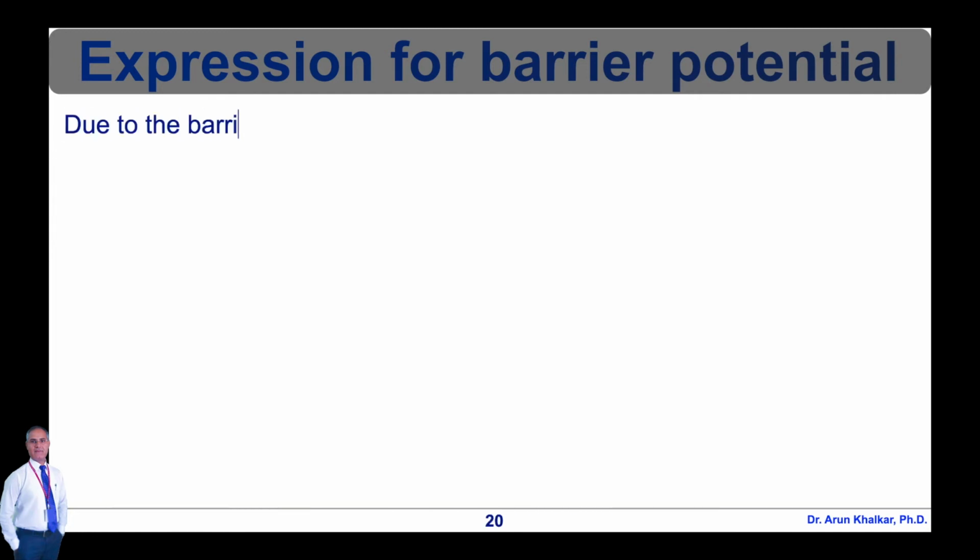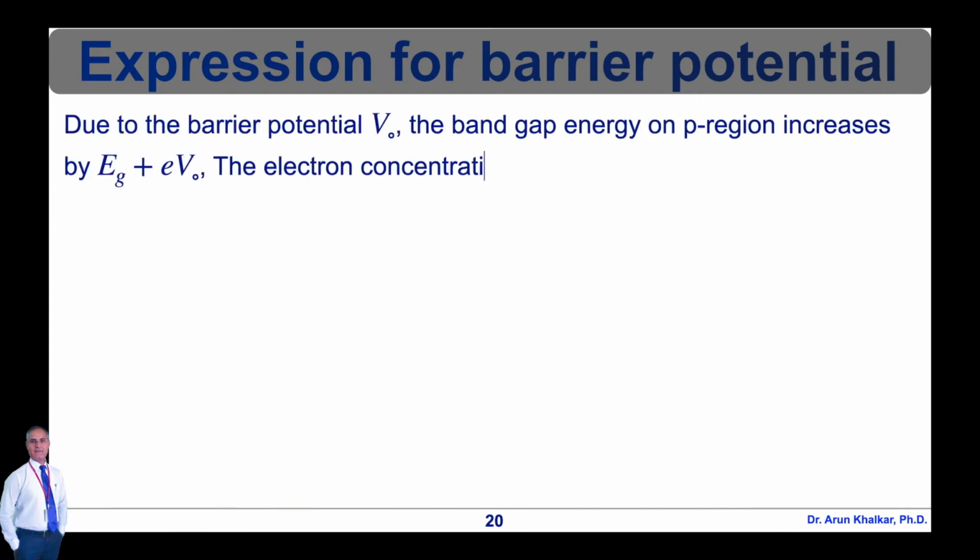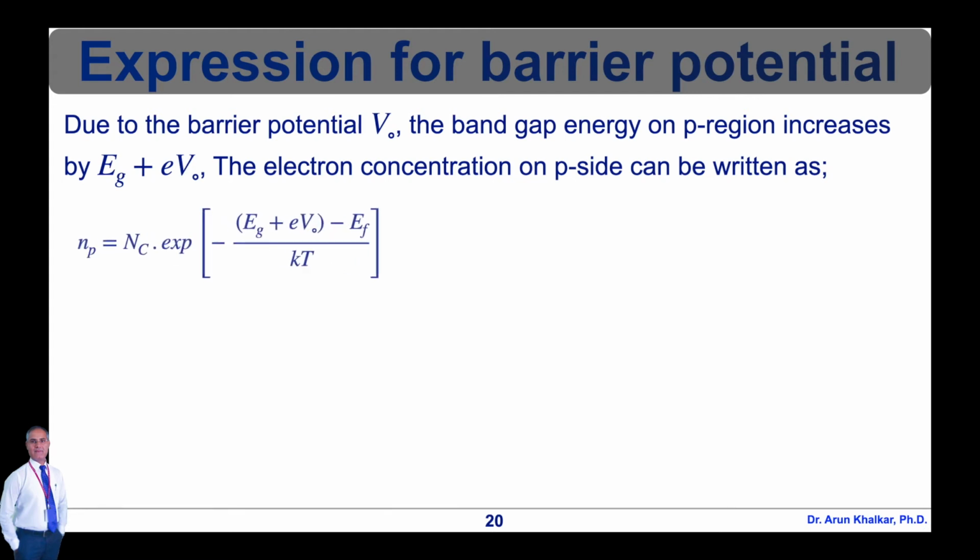Due to the barrier potential capital V naught, the band gap energy on the P region increases by Eg plus eV naught. The electron concentration on the P side can be written as Np is equal to Nc into exponential of minus Eg plus eV naught minus Ef divided by kT. Let's say this is equation number 4.